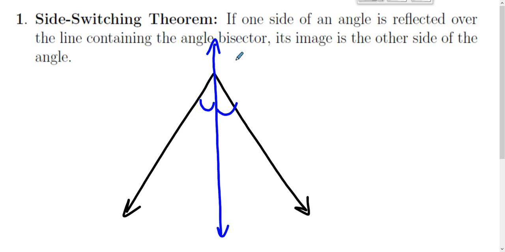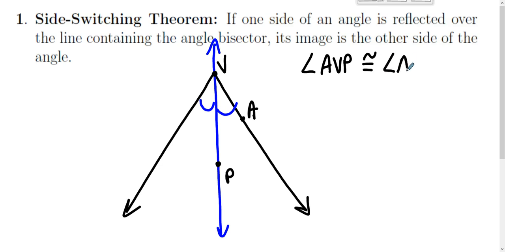This is because a reflection is an isometry, and isometries preserve angle measure. So we pick any point on the angle bisector, we pick the vertex of the angle, we pick any point on the ray that we're reflecting. We know that angle AVP must be congruent to angle A prime V prime P prime.